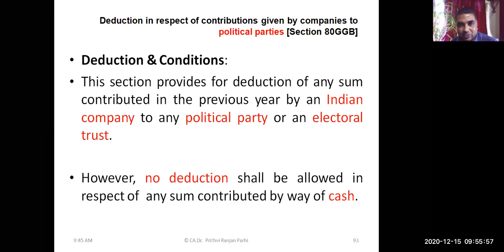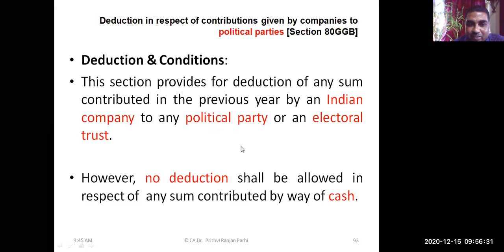Okay, there are certain conditions to that. This provision says the deduction for any sum contributed to an Indian company for these activities is eligible for deduction, or it can be donated to a political party also.